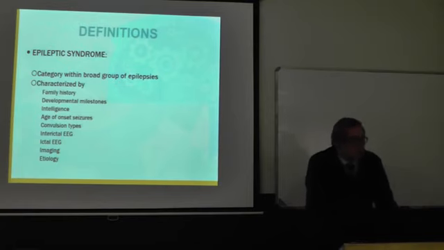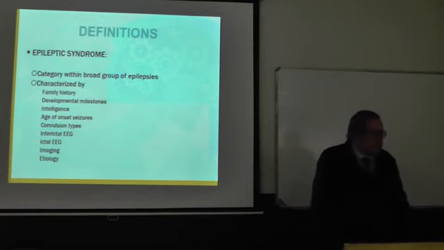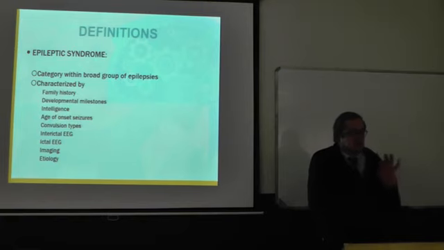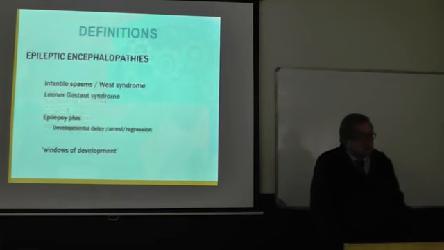So, an epileptic syndrome is basically a category which has got something that you can replicate. That means there's a specific age of presentation, a specific type of convulsion, specific interictal EEG, sometimes specific etiology.